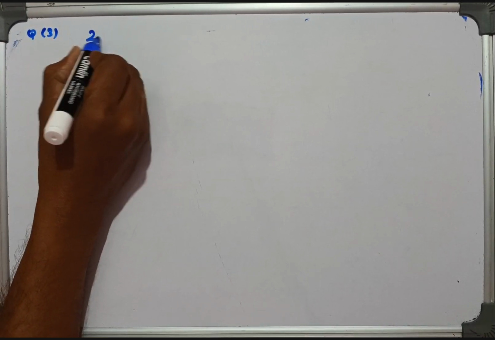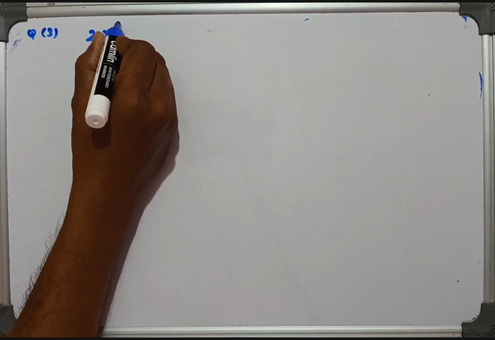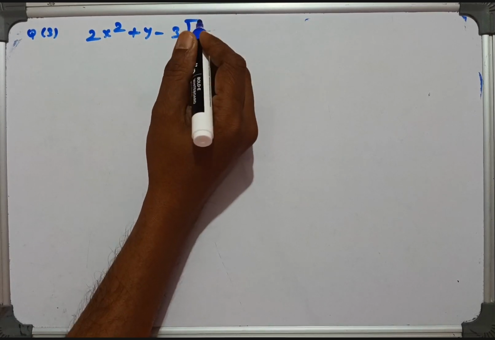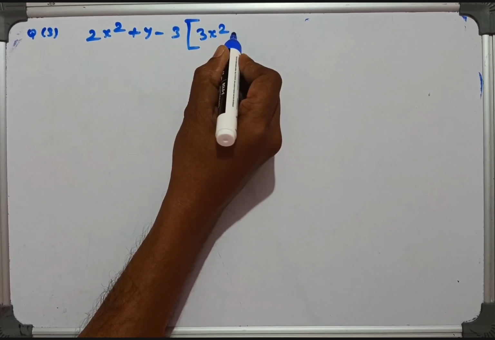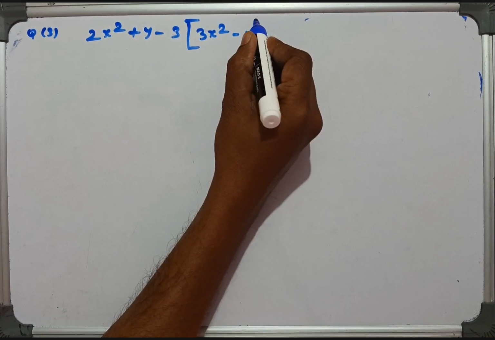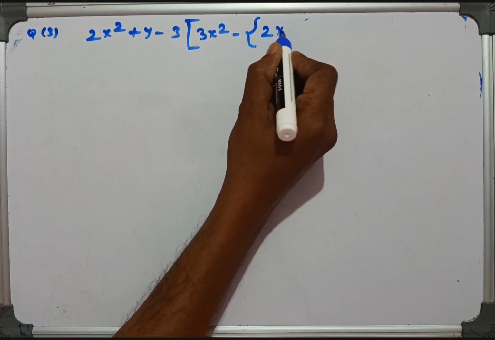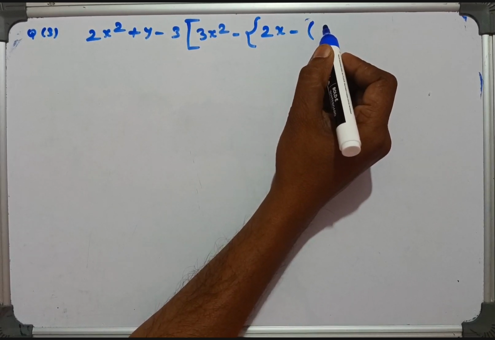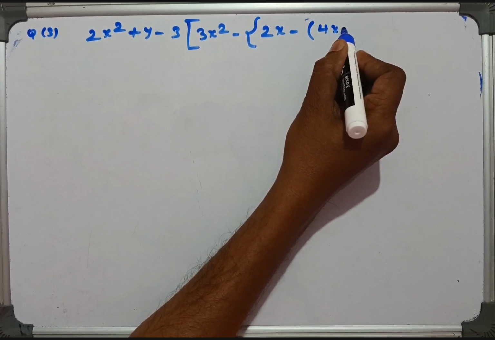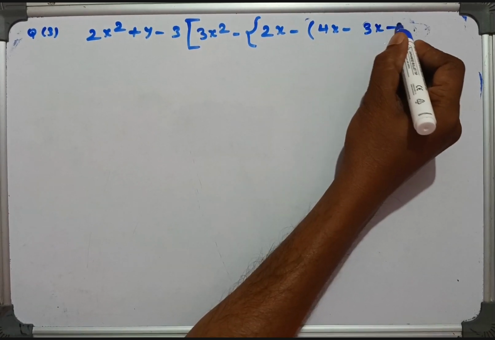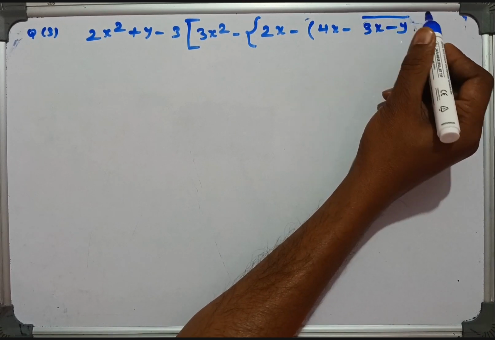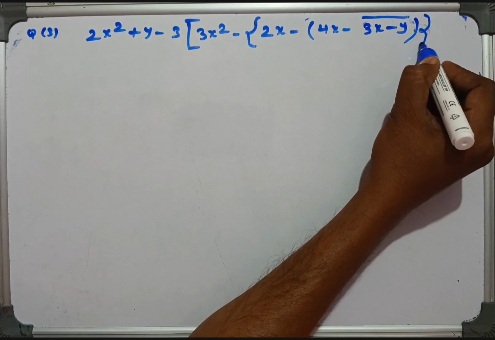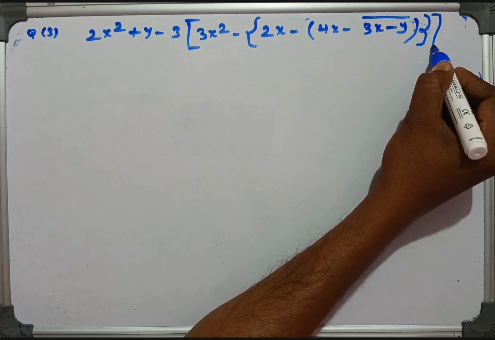This one, mathematical expression 2x square plus y minus 3 open square bracket 3x square minus open curly bracket 2x minus 4x minus 3x minus y bar over this one, close the small bracket, close the curly bracket, now close the square bracket.